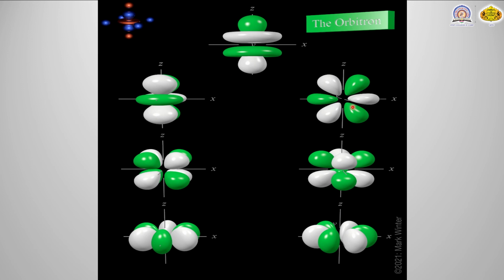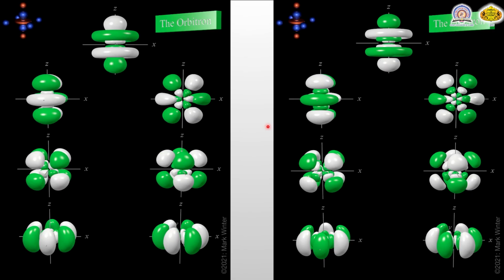This is the representation of 5f. Based on that, the radial node for the 5f orbital is 5 minus 3 minus 1, which becomes 1. So the radial node in the case of the 5f orbital is 1.